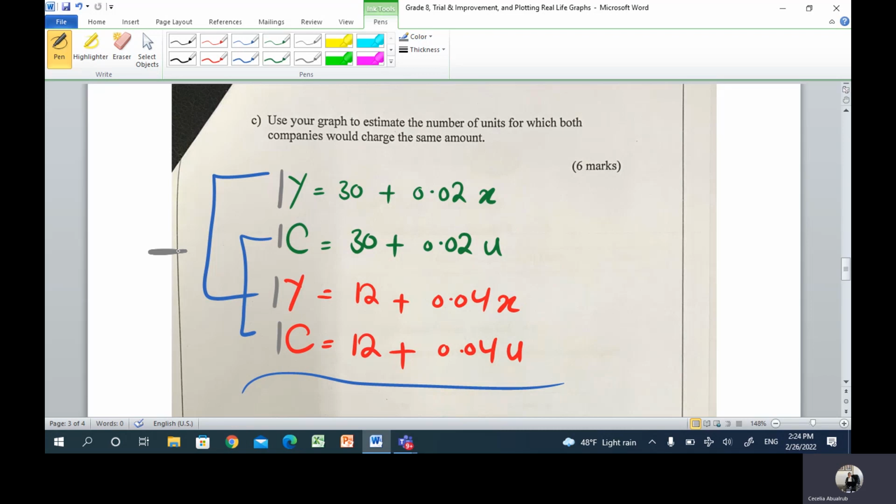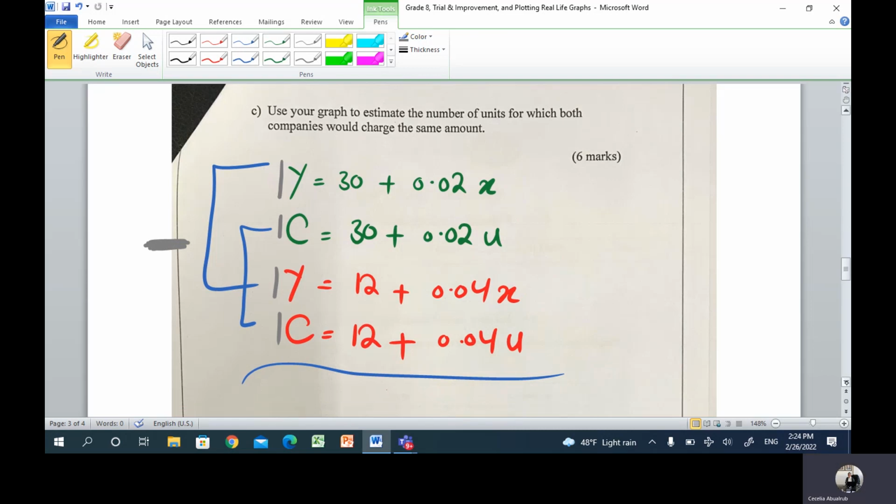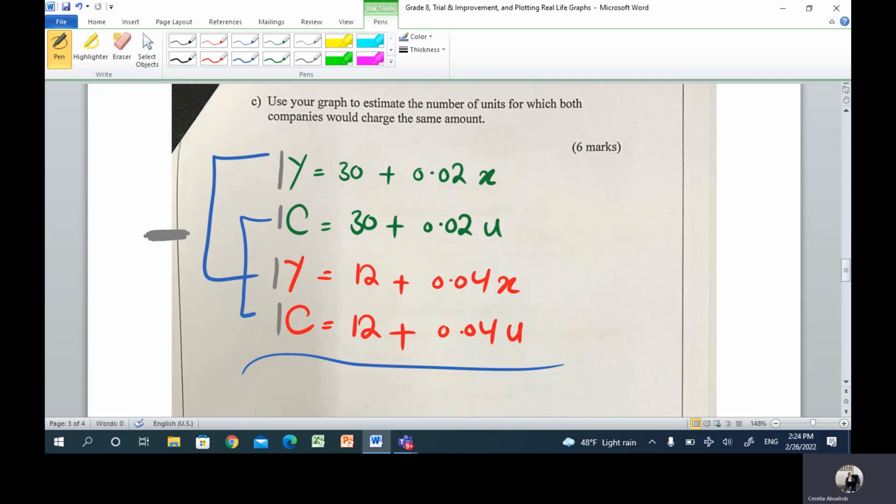So by subtracting the two equations, I will get rid of the Y. That's what it means to solve simultaneous equations algebraically: getting rid of one of the two variables, either the Y or the X. Since Y has a coefficient of 1 in both equations, the green and the red, it is easier to get rid of Y by subtracting the two equations.